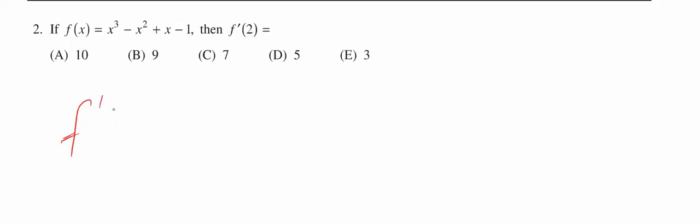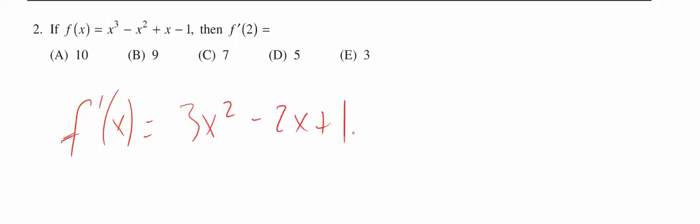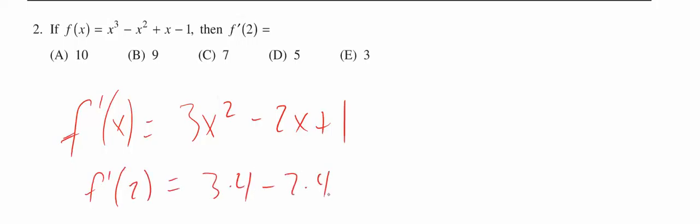F prime of x is 3x squared minus 2x plus 1. And if we just put the 2 in, 3 times 4 minus 2 times 2 plus 1 should be 12 minus 4 plus 1. I get 5. Oh, some nice ones right off the bat.